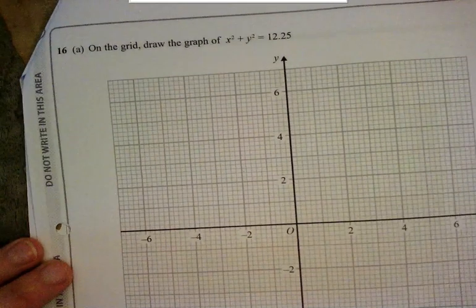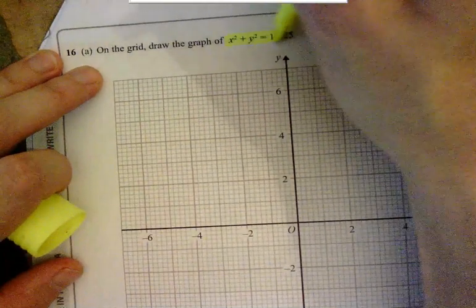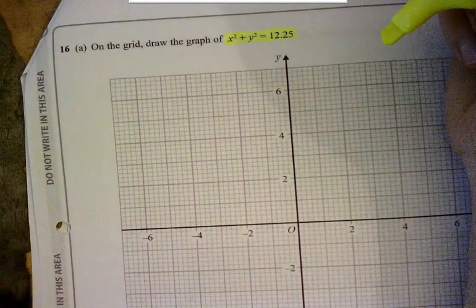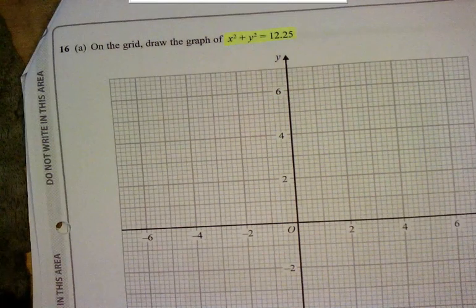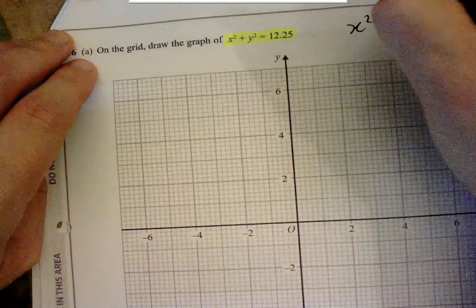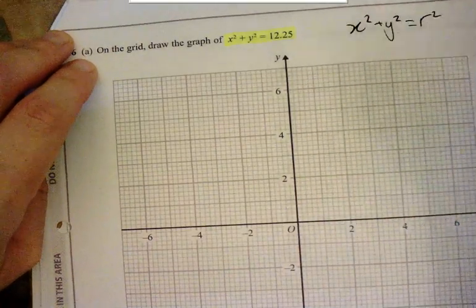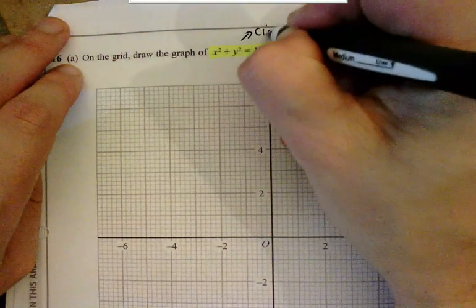Question 16a. On the grid, draw the graph of x squared plus y squared equals 12.25. I can see this from my core knowledge. I recognise this as the equation of a circle, so this must be a circle.